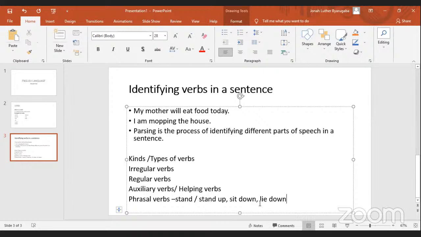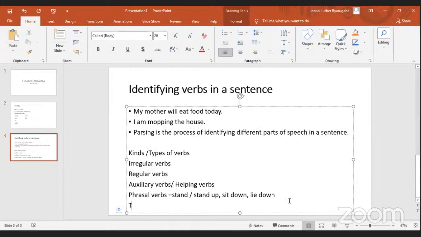Then we have transitive and intransitive. The opposite of transitive is intransitive. Those are also two types of verbs, but we shall look at them in detail when we reach there.